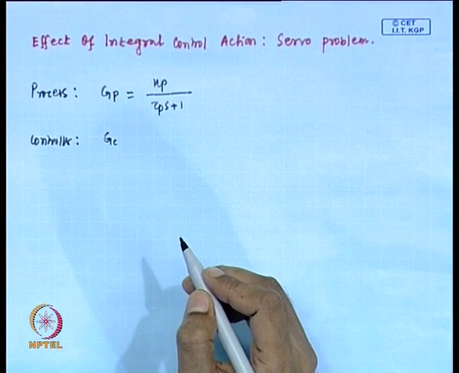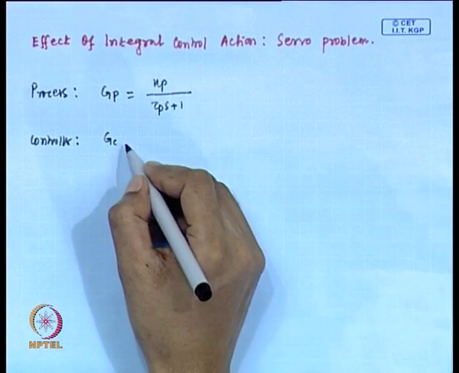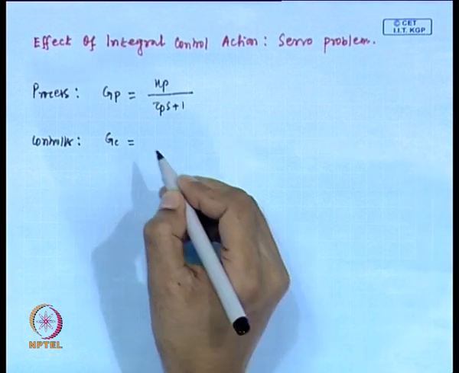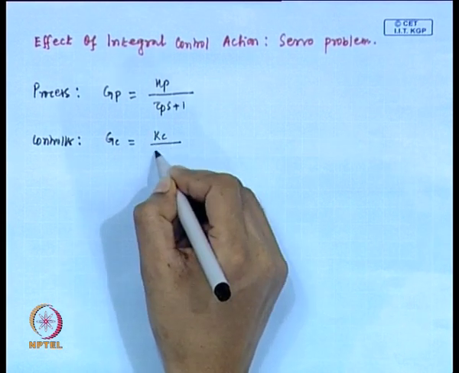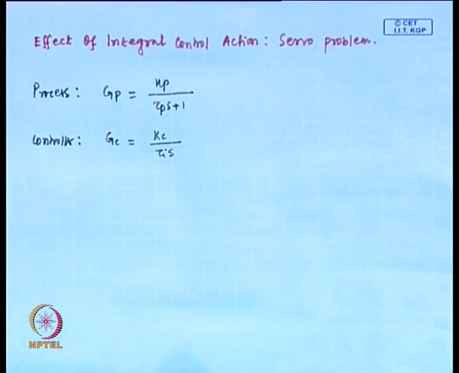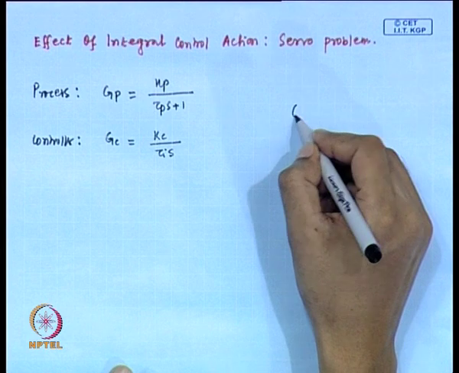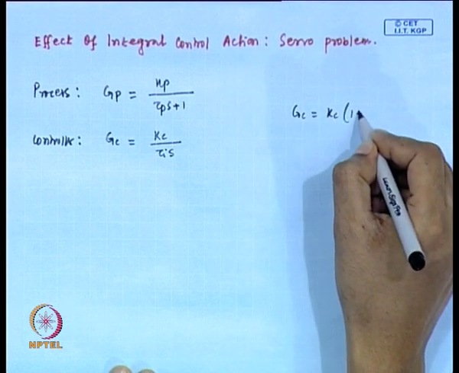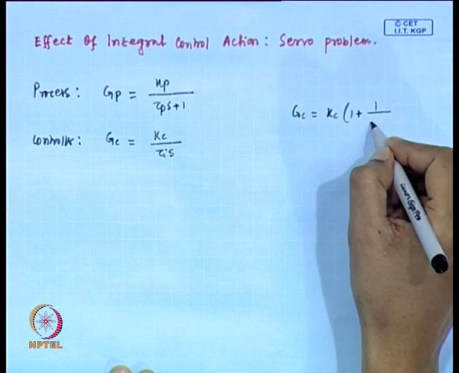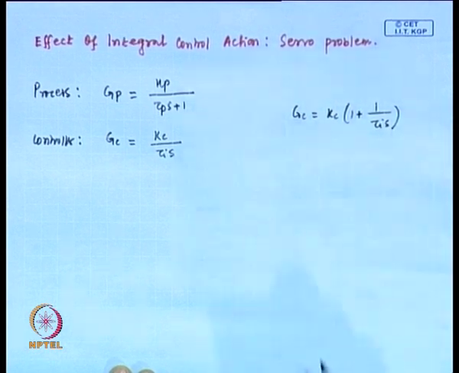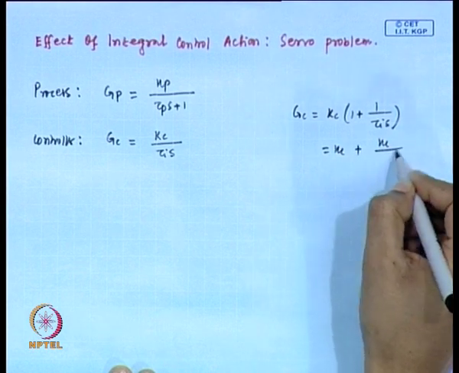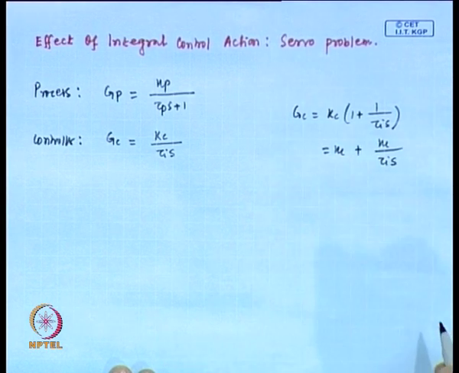It is written as Gc equals Kc divided by tau I s. For a PI controller the transfer function is Kc multiplied by 1 plus 1 divided by tau I s, that means Kc plus Kc divided by tau I s.